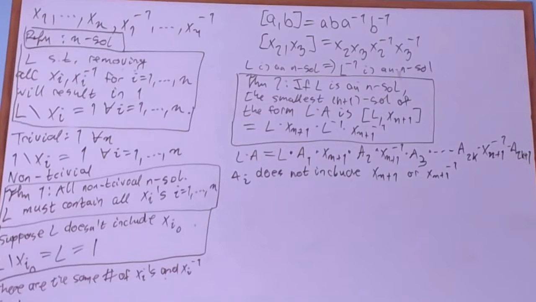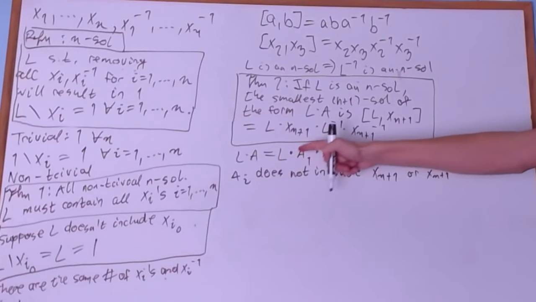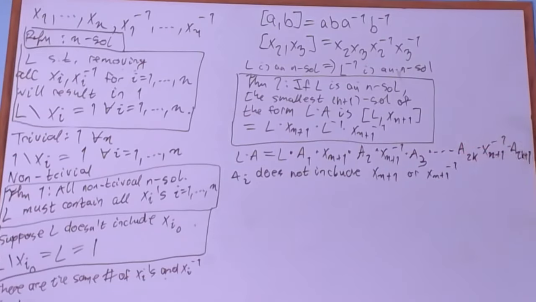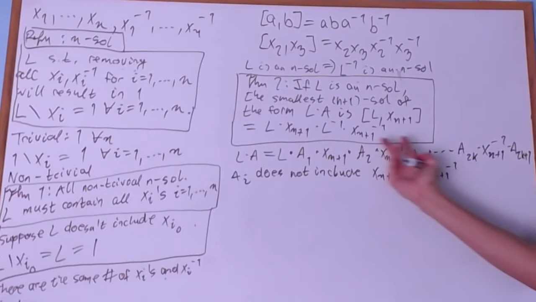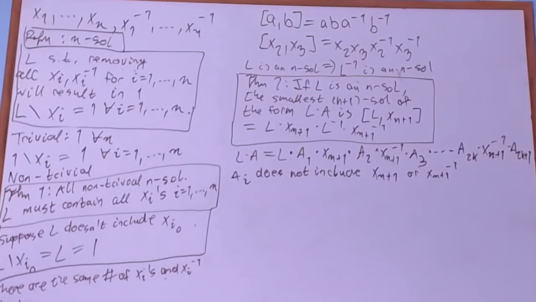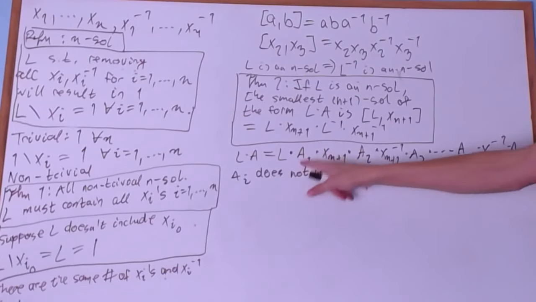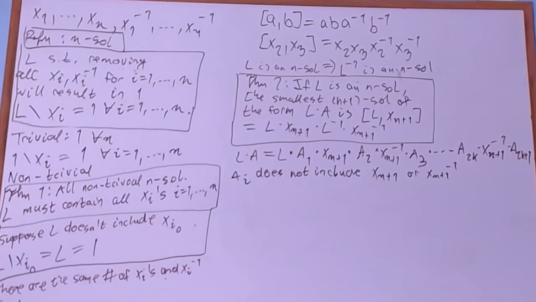So we basically separate it out into L, and then all of these individual components which do not include xn plus 1, and we separate them by xn plus 1s and xn plus 1 inverses. So this way, we just break it up so that we see where each individual xn plus 1 or xn plus 1 inverse is in this sequence of multiplication, and all of these just represent all of the symbols in between them.